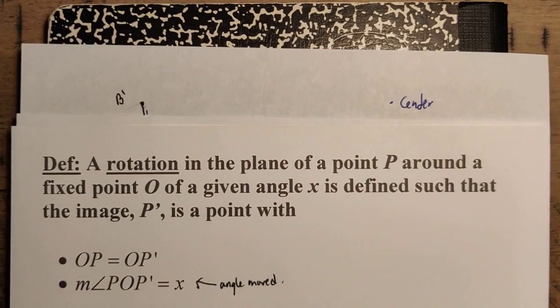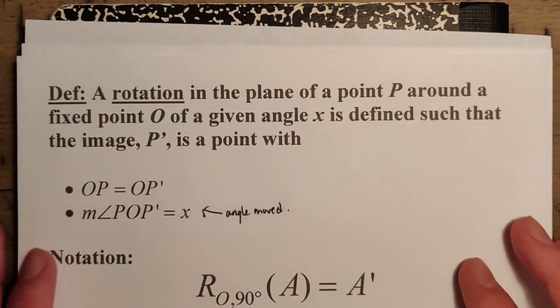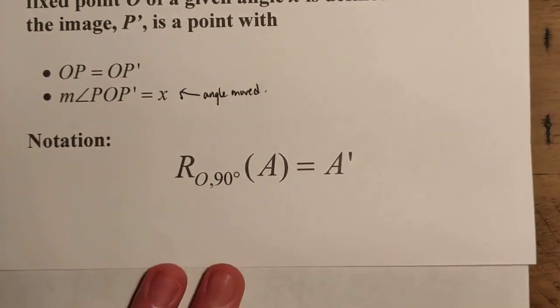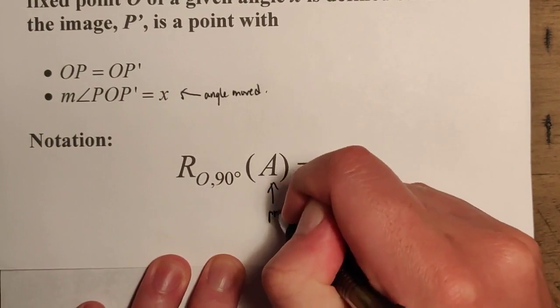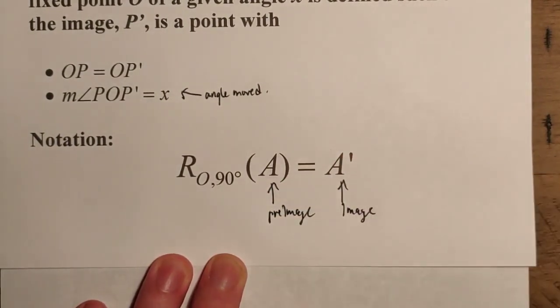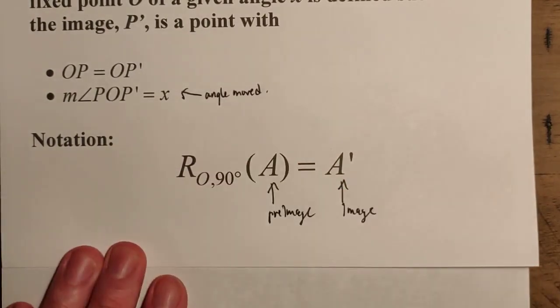The notation for rotations is very similar to the notation for reflections. I'll just run through this. Again, we have our pre-image and our image, just like with reflections. Here, this capital R represents the rotation, as opposed to lowercase r for reflection.